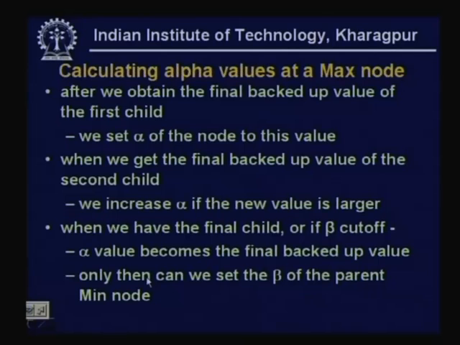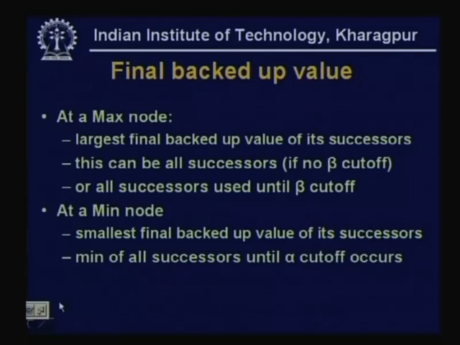Now, let us see how we can calculate the alpha values at a max node. When we are at a max node, we first evaluate the value of one of its successors. If the exact value of one of its successors is known, then let me just draw a diagram. Suppose this is a max node, and suppose this max node has these three min children.